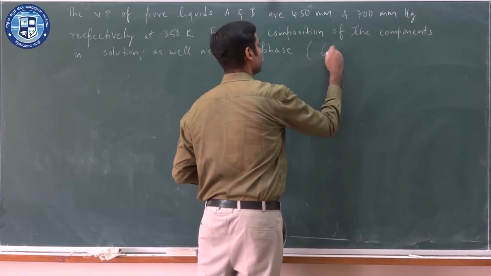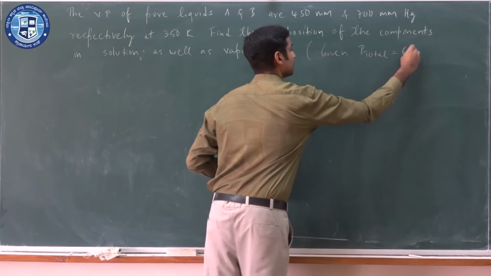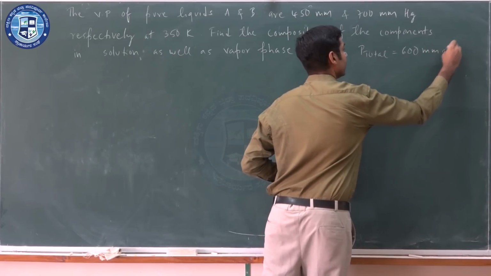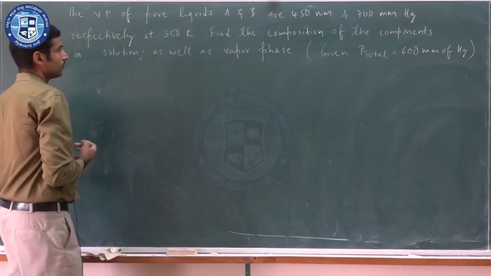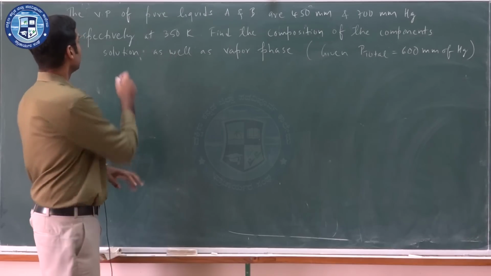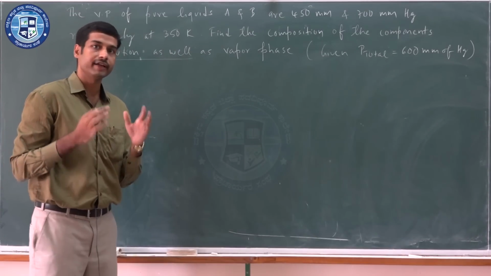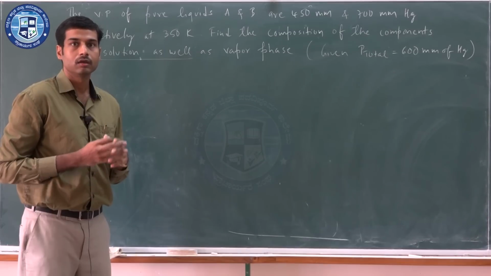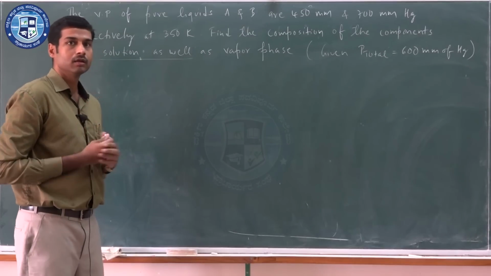Now what is given is P total is 600 millimeter of mercury. First we will find out the composition in the solution phase. Now, what do you mean by composition in the solution phase? You have to find out the mole fraction of these components A and B in the solution.